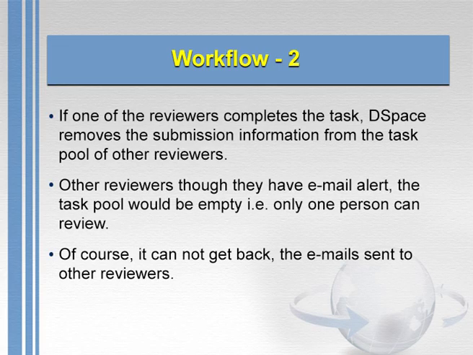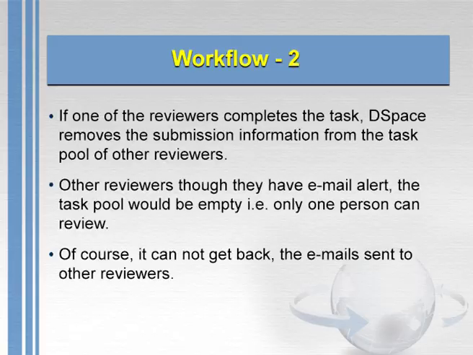Here is the major difference between the journal reviewing process and the DSpace reviewing process. In a journal review process, if 3 reviewers are identified, all of them have to go through the publication and leave their comments or their decision whether it should be accepted or rejected or modified.